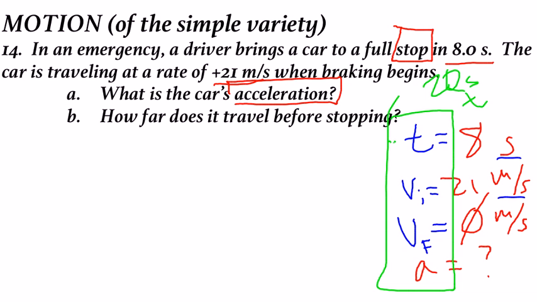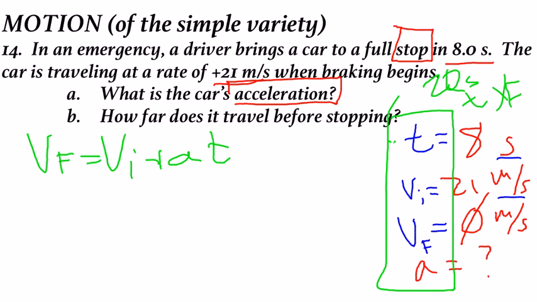Okay, so then I have the first and the third equation to use. Is there an xf or a d? Nope. There's no final position or displacement. So the last equation, the big ugly, is not useful. Okay, so we have what equation? Only the first one. vf is equal to vi plus at.